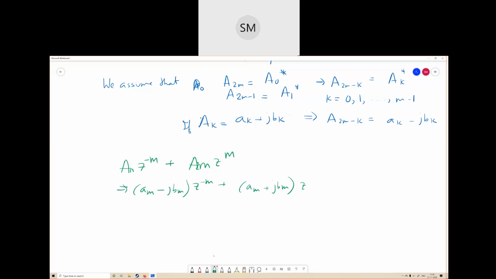That will be am z to the power of minus m plus z to the power of m plus jbm z to the power of m minus z to the power of minus m. We can write it in this way.